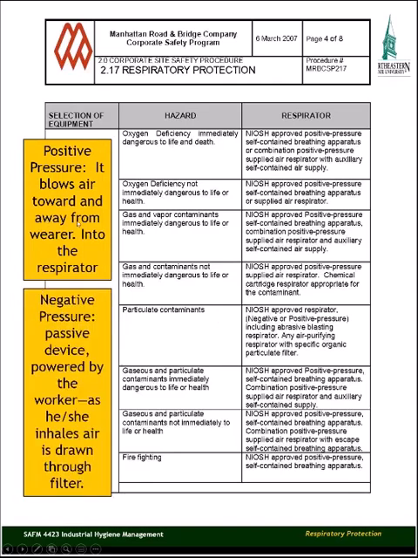Generally speaking, there are 2 types of respirators, and we'll get into this, but there's positive pressure that blows air toward and away from the wearer. Then there's negative pressure, which is generally a passive device where air is sucked through the filter and it's cleaned as it's inhaled through the filter. But we'll get more into all of this as we move along.